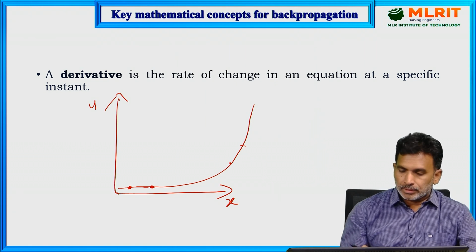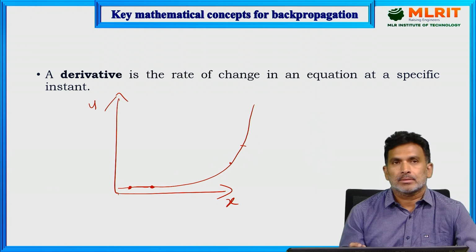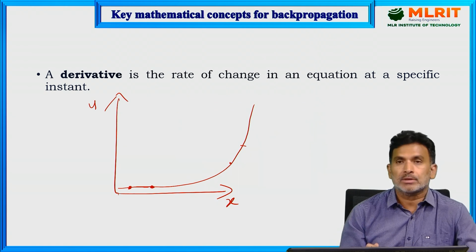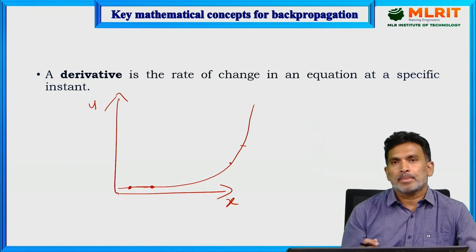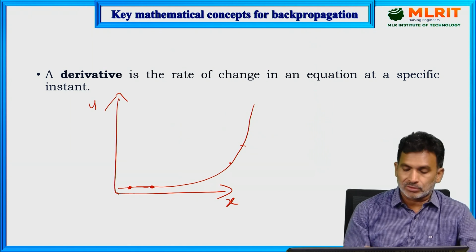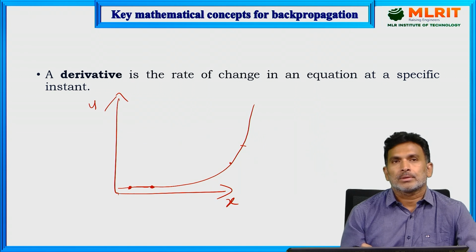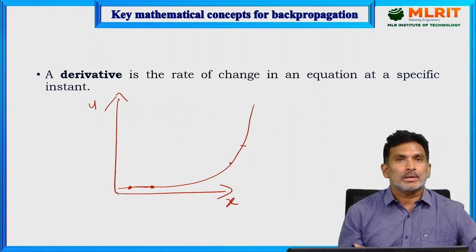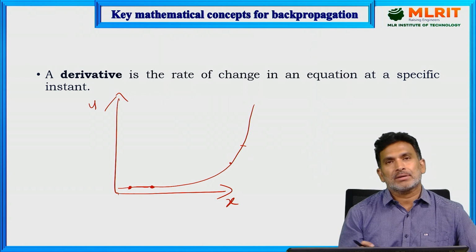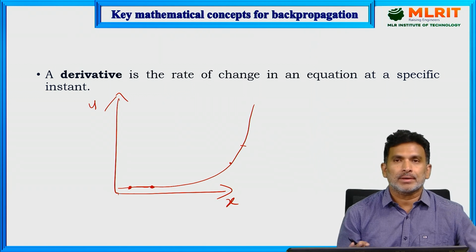In the previous case, if you have a line equation, the slope remains constant, but here the rate of change is not constant. That is the thing you need to understand. So a derivative is the rate of change in an equation at a specific instant.